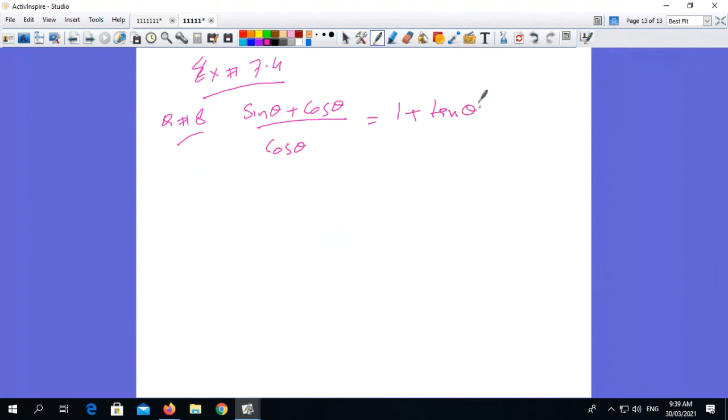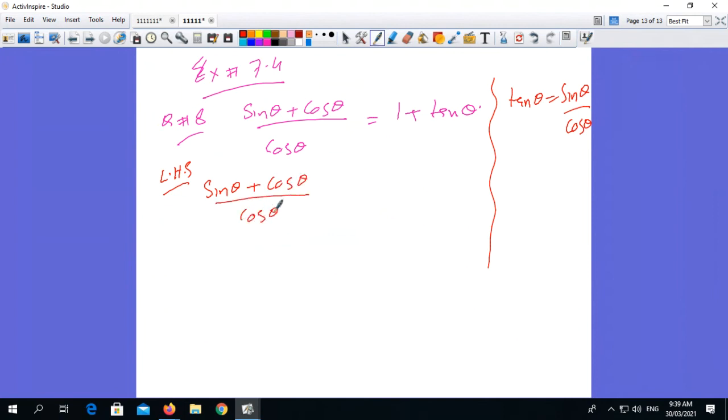How can we solve this? We use the result that tan theta equals sin theta by cos theta. We take left hand side, we write sin theta plus cos theta by cos of theta.